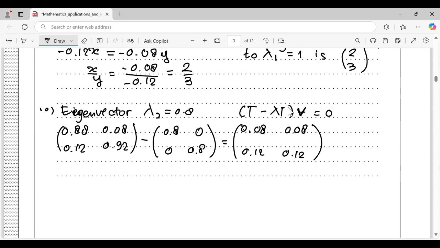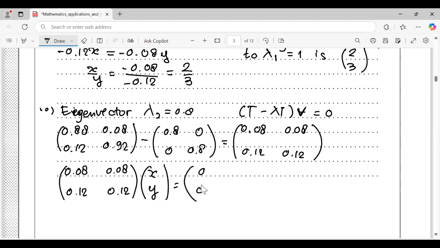This is the result of T minus lambda I, now multiplied by x, y. This result 0.08, 0.12, 0.08, 0.12 times x, y equals 0, 0.